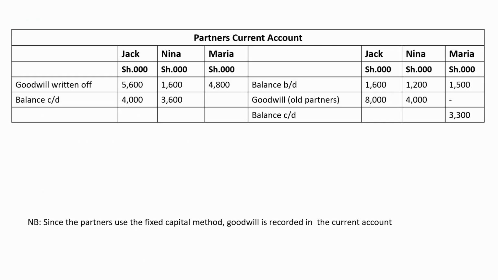So we go to the current account. We start with the balances brought down on the credit side. So Jack 1.6, Nina 1.2, Maria 1.5. Then we go to goodwill for the old partners. This is goodwill recognized.